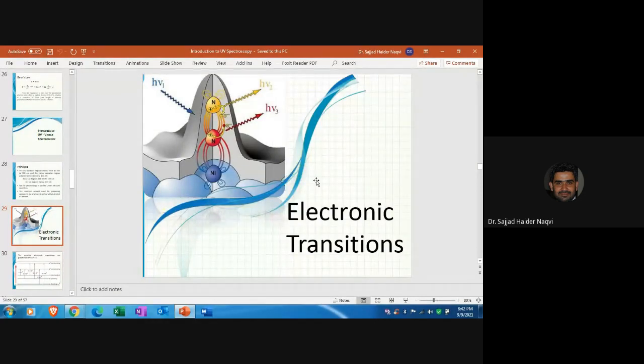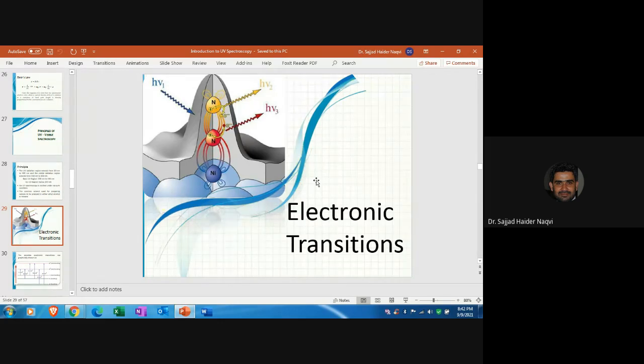Now, regarding the transitions, I already have discussed with you. This picture indicates how the electronic transitions take place. And I'm sure that in general chemistry, you are aware of how this electronic transition takes place.